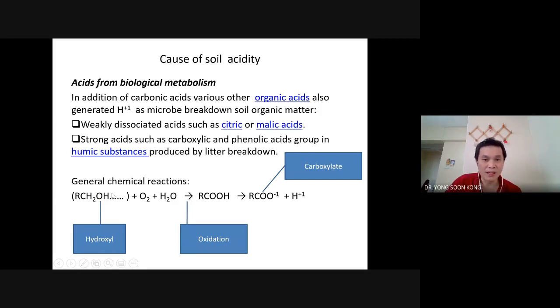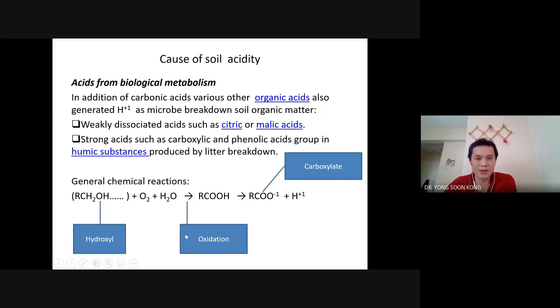Hydroxyl will only become carboxylic acid after this reaction, and it's called oxidation. So I put an arrow here, which means oxidation. After oxidation of the hydroxyl group, only then does it become carboxylic acid, and therefore it gives you the acidity. And this oxidation usually is due to microbes. Microbes do this job.